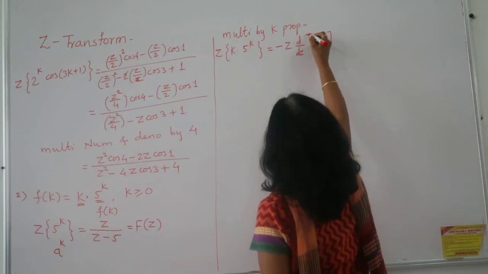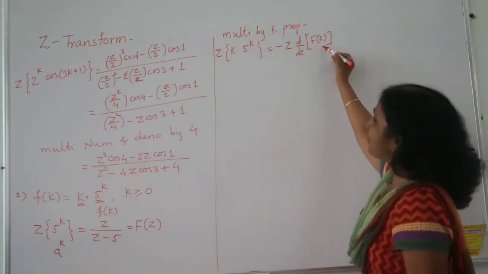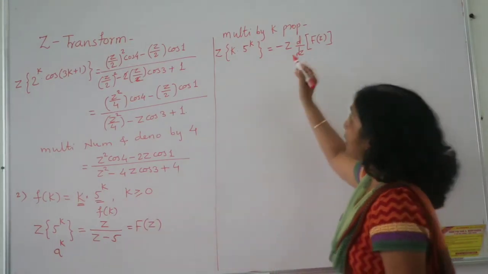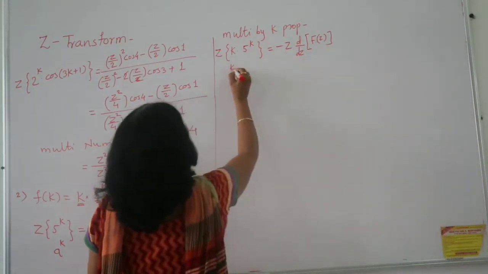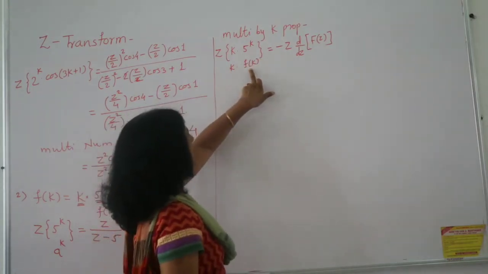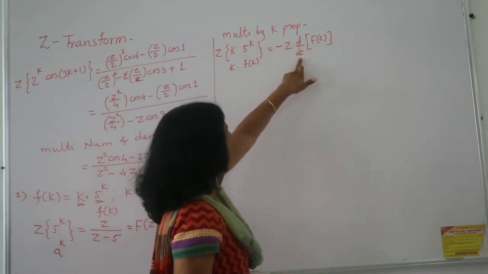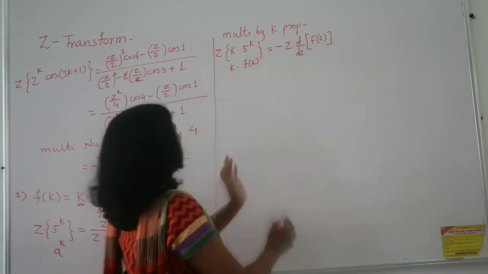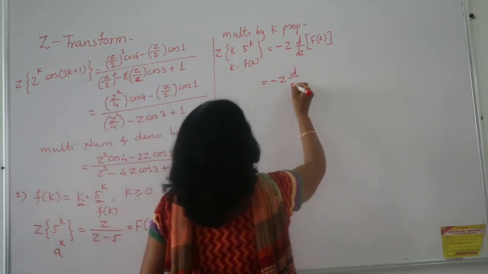So first of all you have to take the derivative of this given function and then multiply it by minus z. So this property is like this: k multiplied by f of k is equal to the z transform of the function f of z, taken derivative and multiplied by minus z. So when I am applying this property, it is minus z into d by dz.